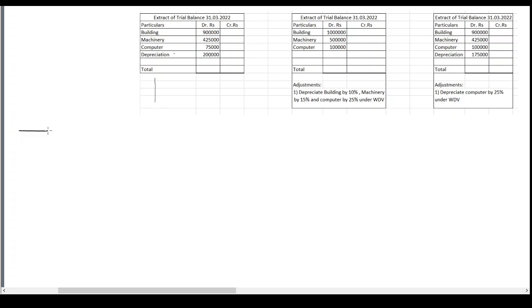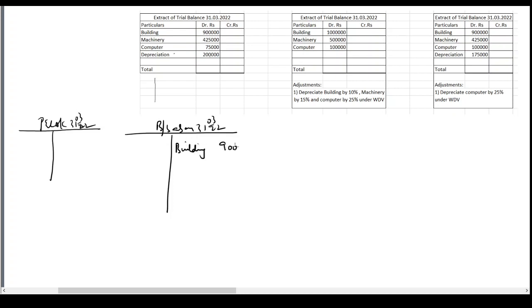So I'll simply prepare P&L account 31st March 22, balance sheet as on 31st March 22. Building, I'll show in the balance sheet, building 9 lakh on the asset side.